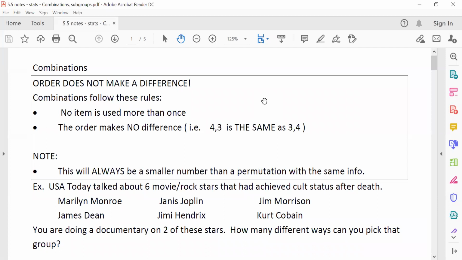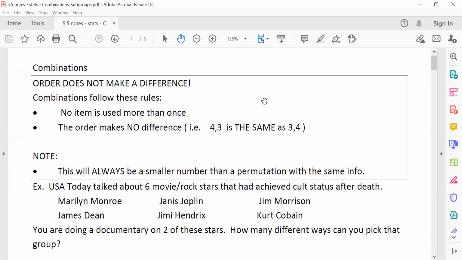It just doesn't matter. So earlier when you were picking, you had a pool of 20 employees and you wanted to see how many different ways you could pick a CEO, operating manager, and a treasurer. Once we picked the 3 out of the 20, then we had to reorder them.